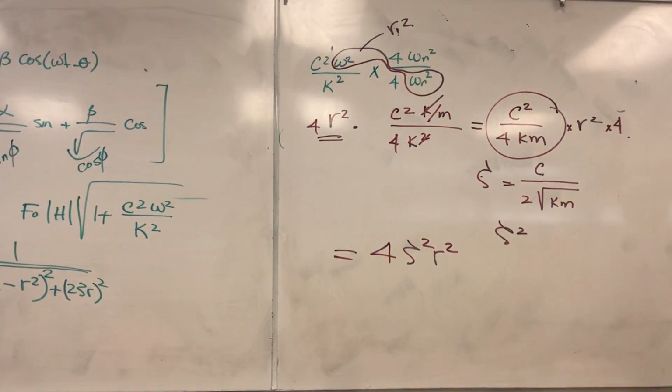So, as you can see now, 1 plus c squared omega squared over k squared becomes the square root of 1 plus 4 zeta squared r squared. Okay?